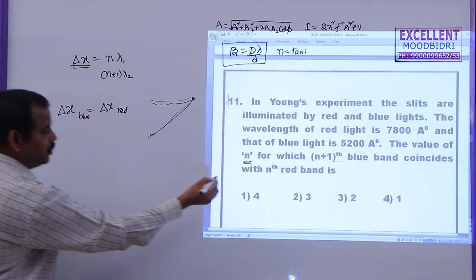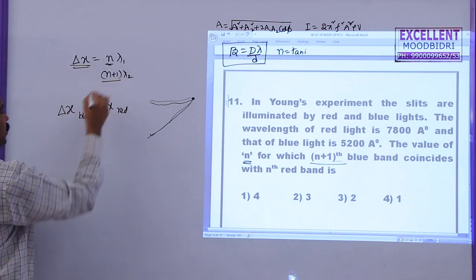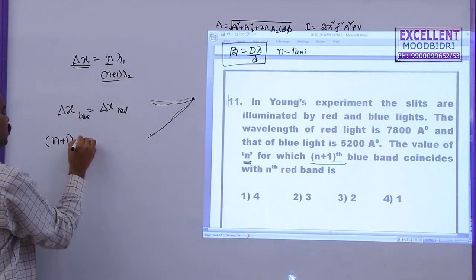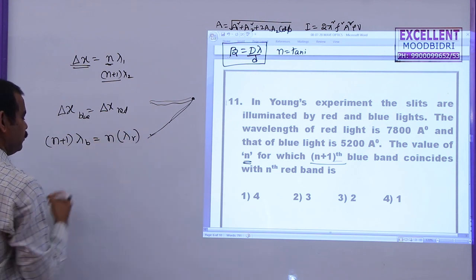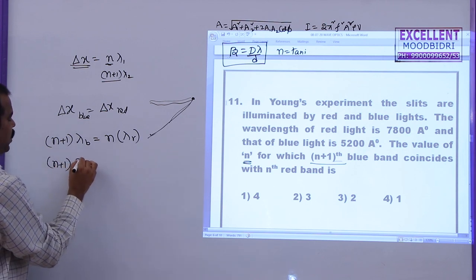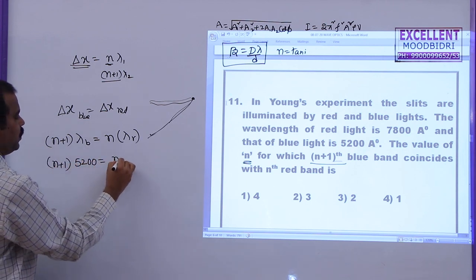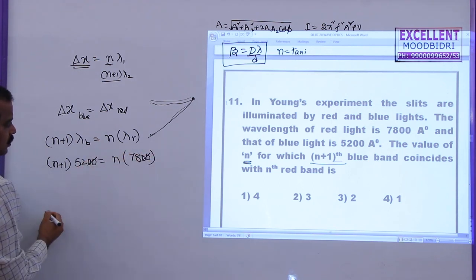For blue, it is given n plus 1th blue, so delta x is equal to, in place of n you write n plus 1, into lambda blue, equal to n into lambda red. So this is n plus 1 into 5200 for blue, and for red it is 7800, the zeros get cancelled.